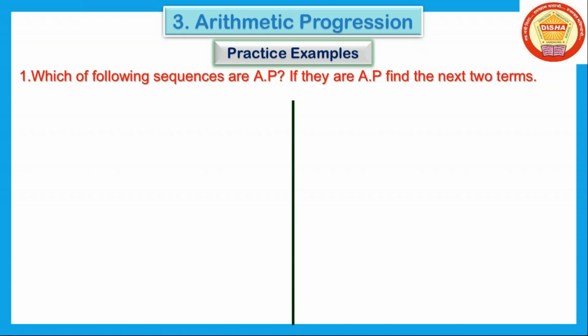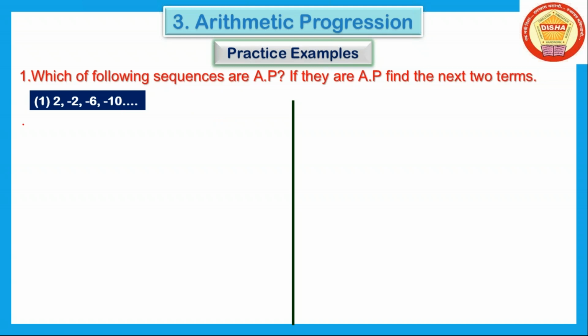Which of the following sequences are AP? And if they are AP, then find the next 2 terms. I'm taking the example 2, negative 2, negative 6, negative 10. Here we have to decide whether it is an AP or not. We understood that an arithmetic progression is a sequence in which we add a particular number, and the common difference remains constant.